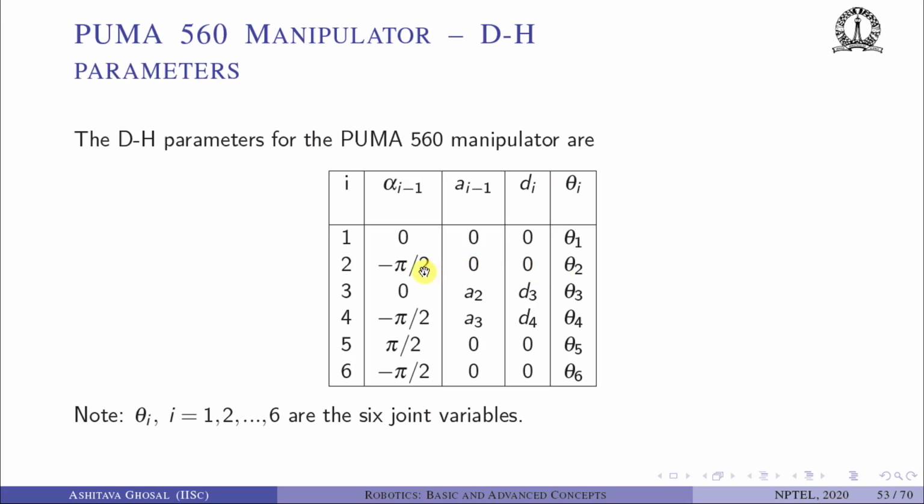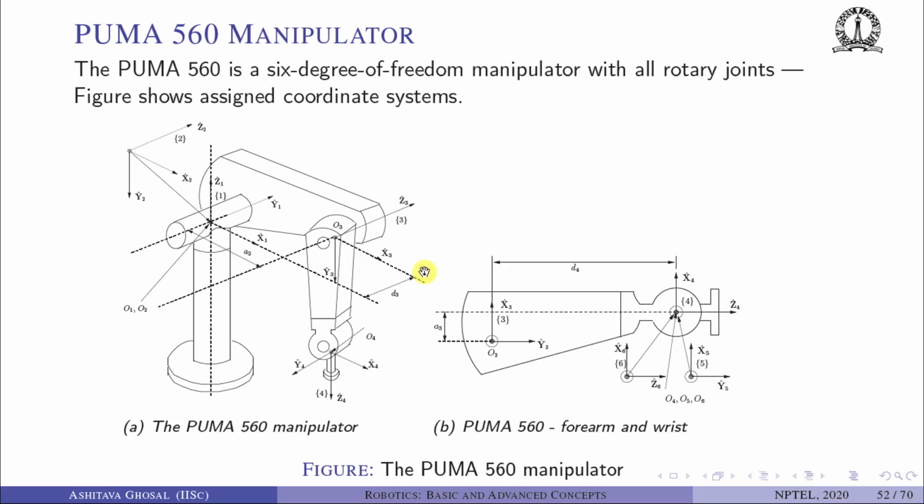Let's check whether we actually have minus pi by 2 or not. What is alpha i minus 1 for link 2? It is the angle between z1 and z2 about x1. z1 is like this, z2 is also like this, as you can see here.